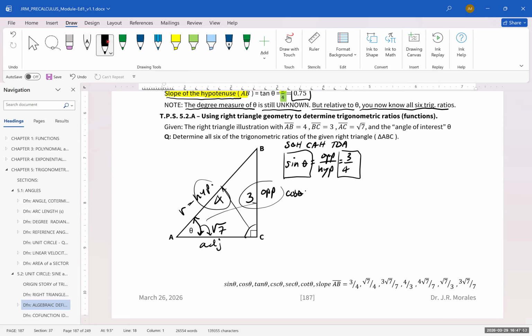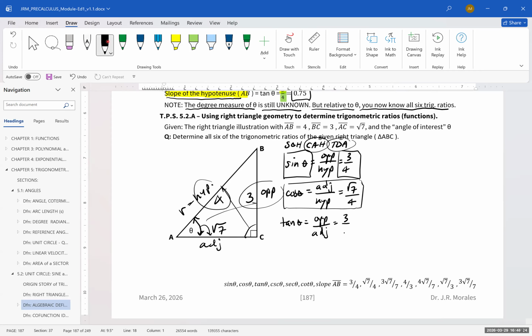Now cosine is adjacent over hypotenuse. The length of the adjacent side is the square root of 7, and the hypotenuse is 4. So cosine theta equals the square root of 7 over 4. Now let's do tangent theta. Tangent is opposite over adjacent.